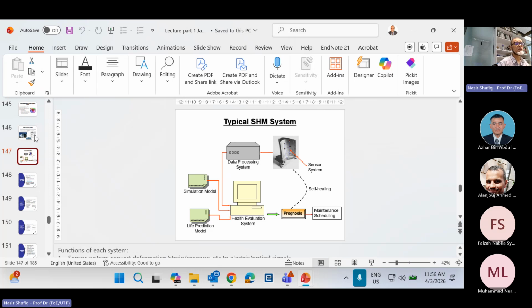So this is the system diagram. We have the brain, which is the computer, right? Prognostics and maintenance scheduling are based on that. It is much easier, much safer and timely, right?